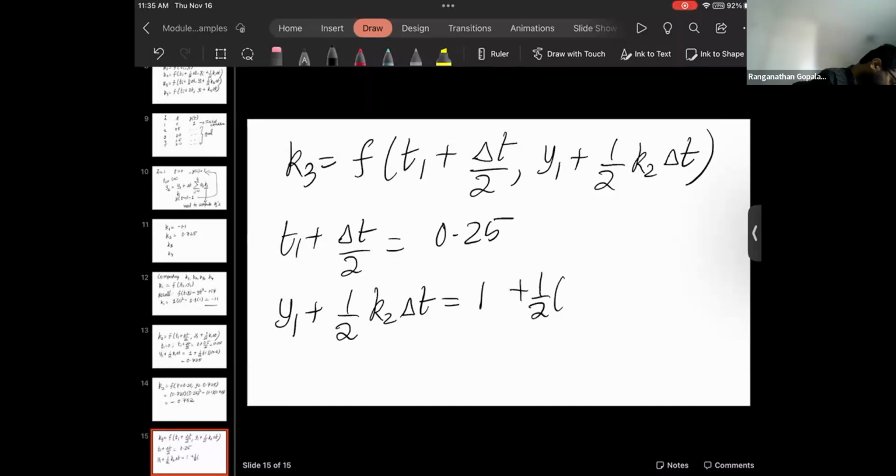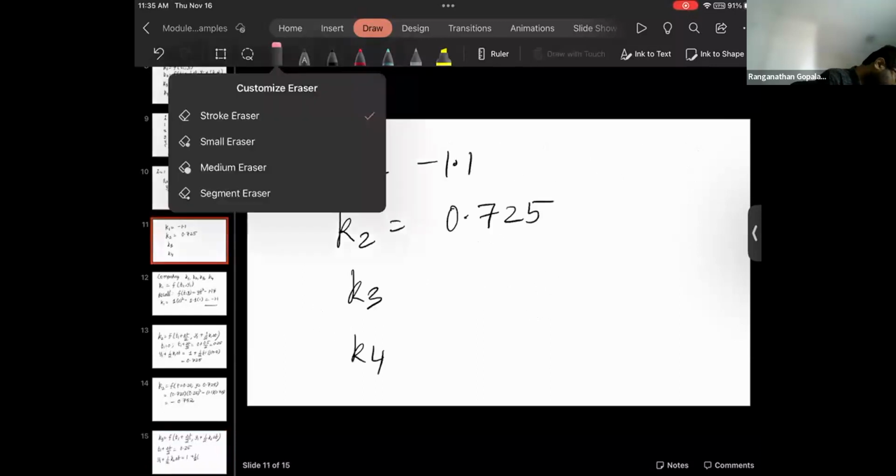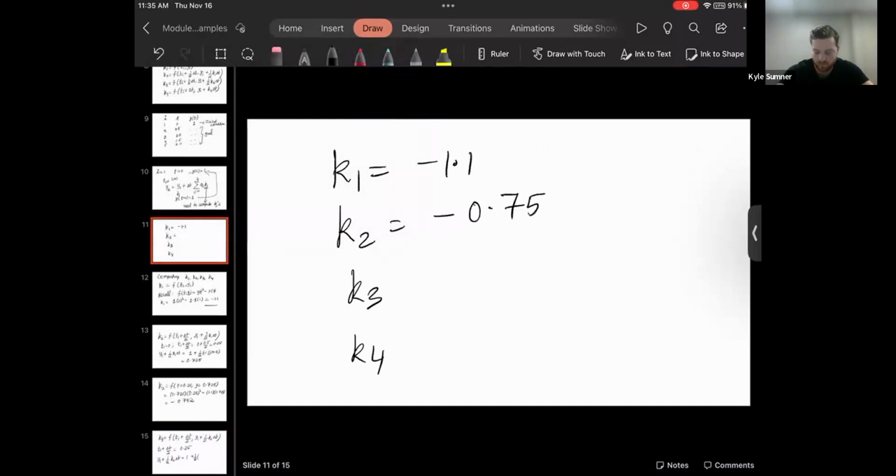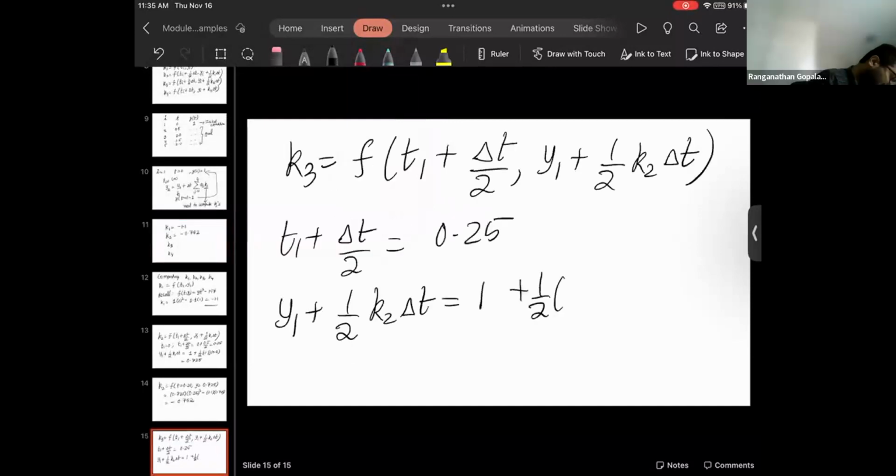What is k2? It's minus 0.752, right? Kyle, it was minus 0.752, right? Yes. Minus 0.752. Thank you. So that is minus 0.752 multiplied by delta t being 0.5. Now if you compute this number and tell me, that will be the y value.